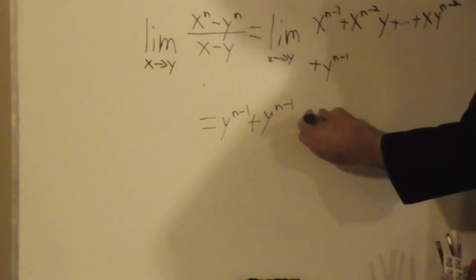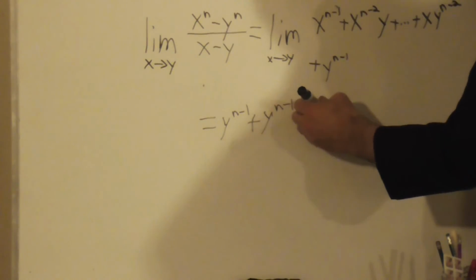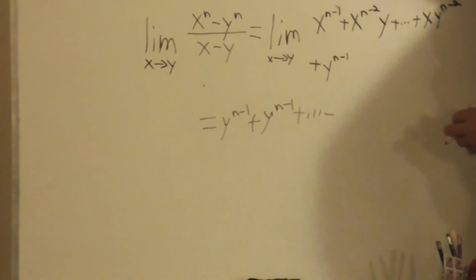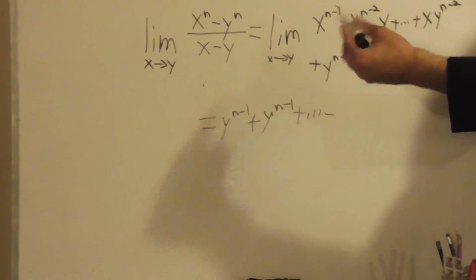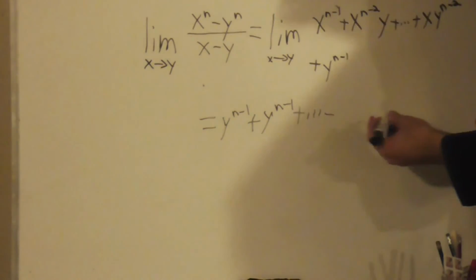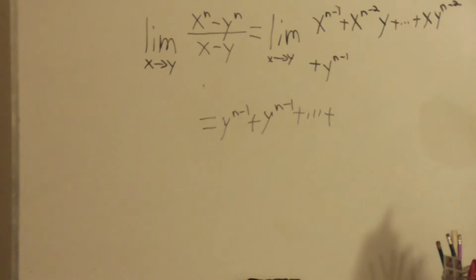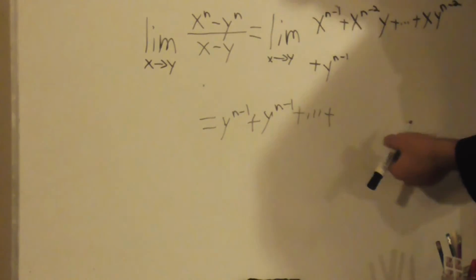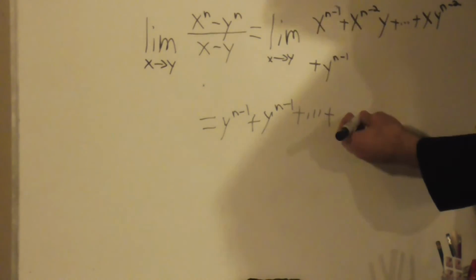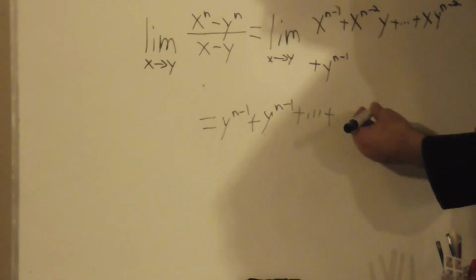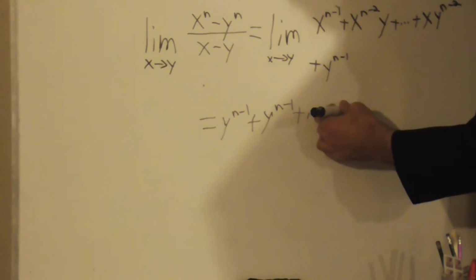And then we have this sequence going on. In mathematics, when we have this dot, dot, dot, that just means the sequence continues. Usually that's there after there's some type of visible pattern. So here we can see the visible pattern, and then you go all the way down to y to the n minus 1.